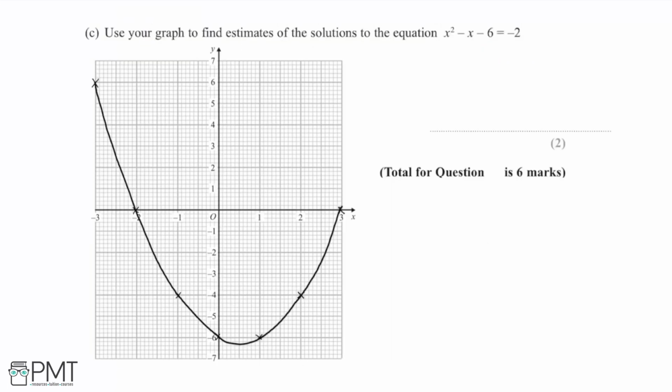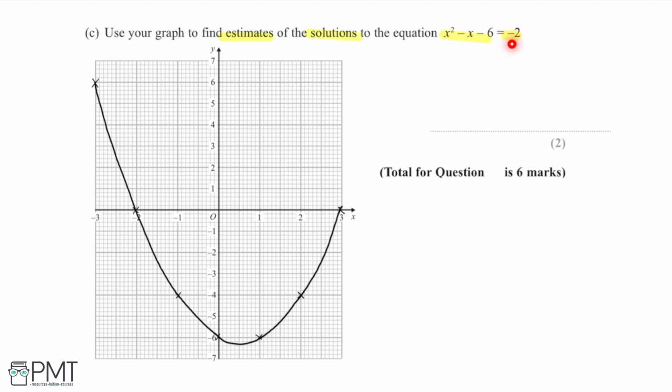Finally here, we're asked to use the graph to find estimates of the solutions to the equation, which is x squared minus x minus 6 is equal to -2. So if we're working with this graph of y equals x squared minus x minus 6, however, we're having this to be equal to -2, then we're going to be looking for the values on the graph where y is equal to -2.